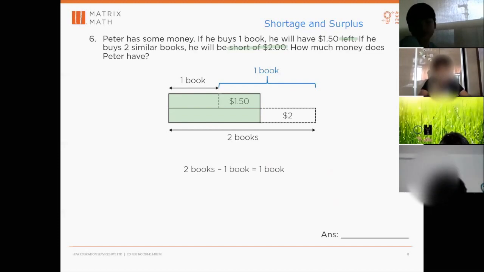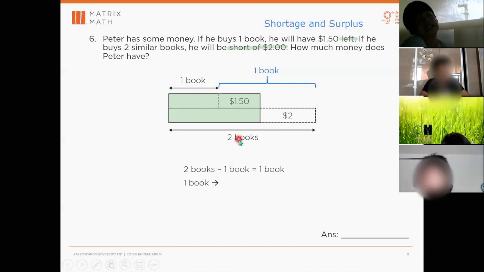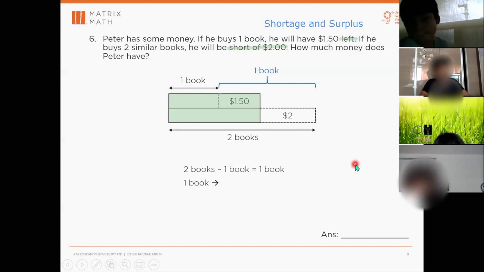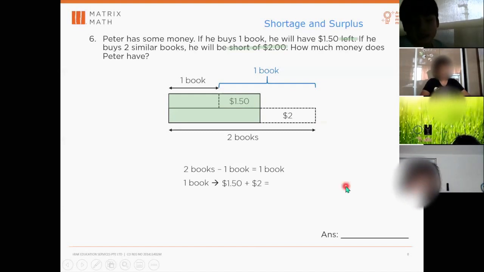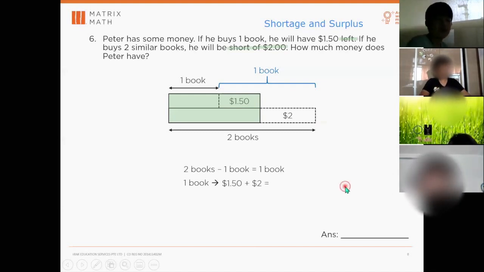Kayla, not correct. Jongkai, how do you find the cost of one book now? $2 plus $1.50. Very good. So you get $3.50 for this.